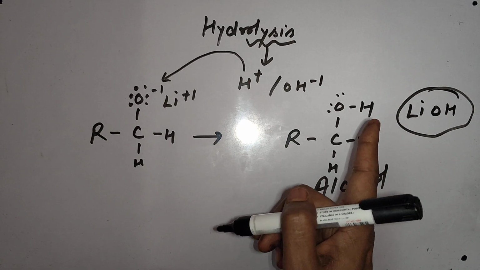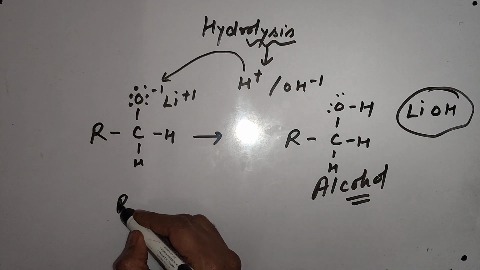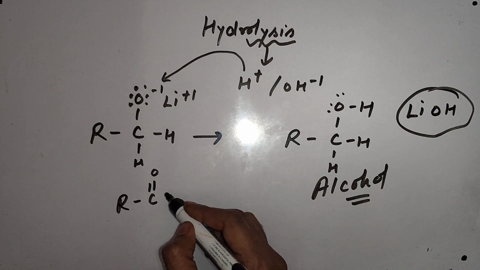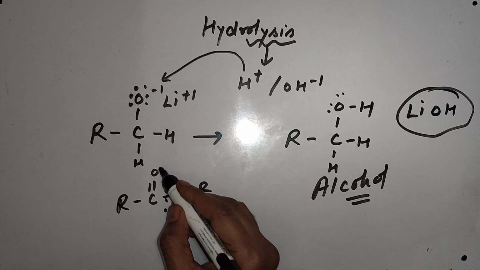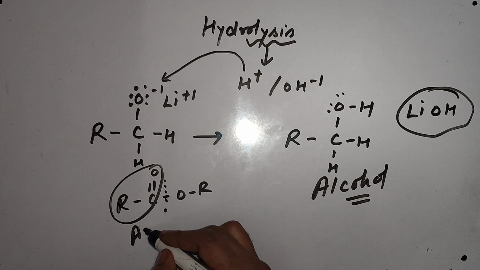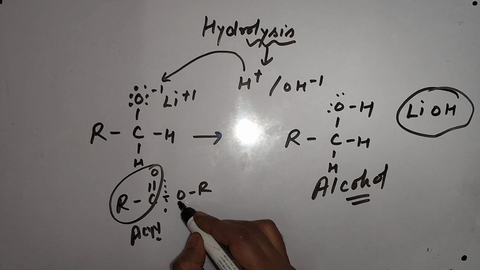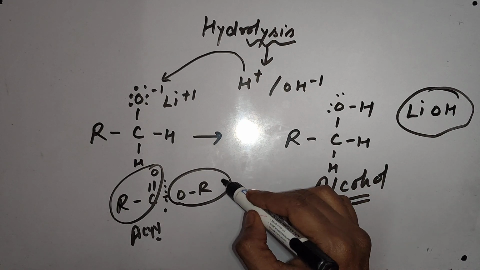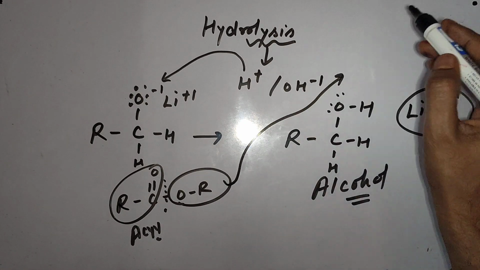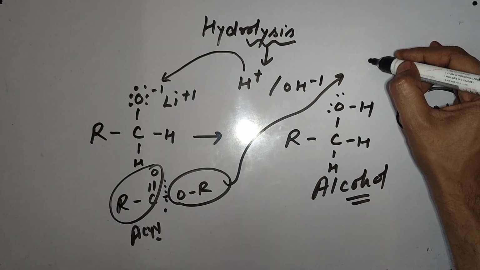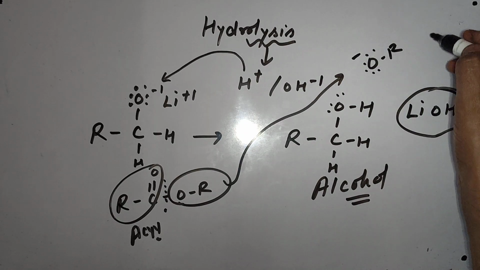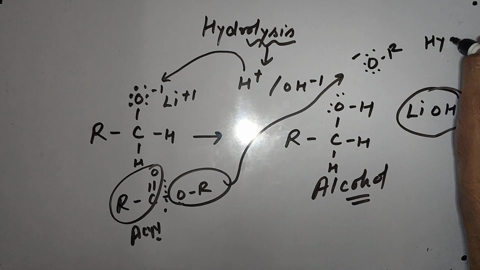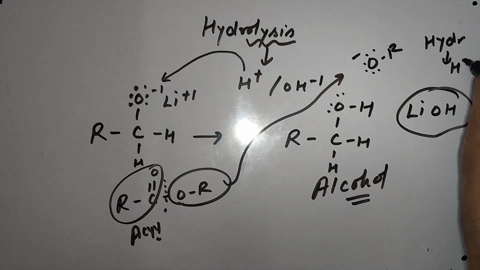This alcohol is generated from the acyl part. If you check the mechanism again properly, you will find this alcohol is generated from the acyl part. And from the alkoxy part, I already told you, please check that mechanism again. OR negative was generated. During hydrolysis, H positives will be provided.